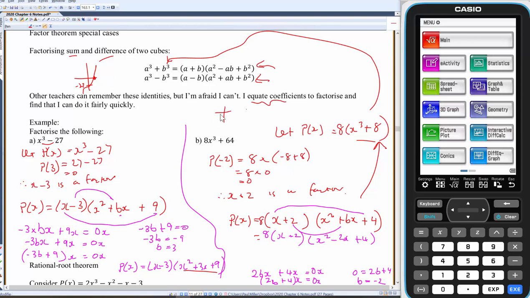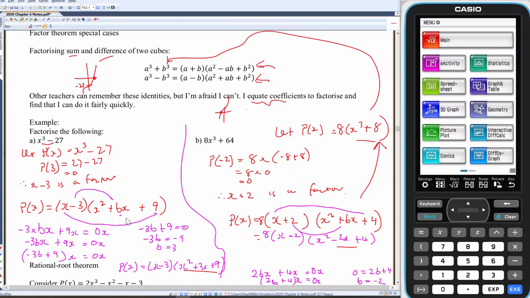Can't remember, but it is in the same form. It's going to be like an inflected cubic, only one x-intercept, which is this one here at negative 2. So I just know that this one here will not be able to be factorized, therefore I don't further engage in even attempting to do it.